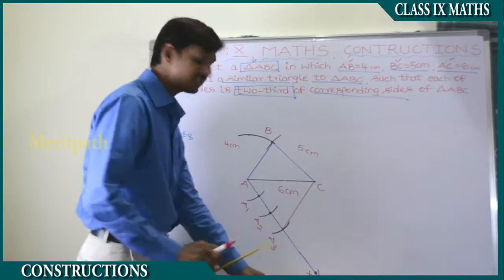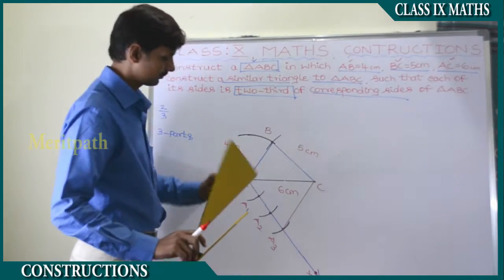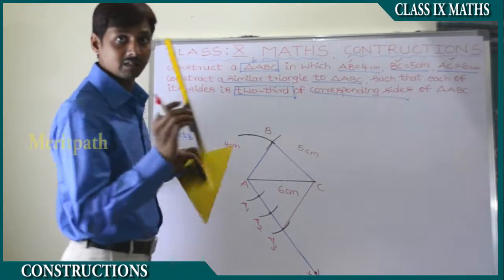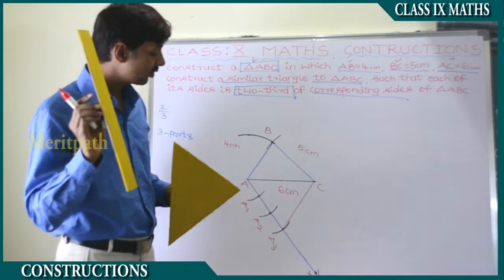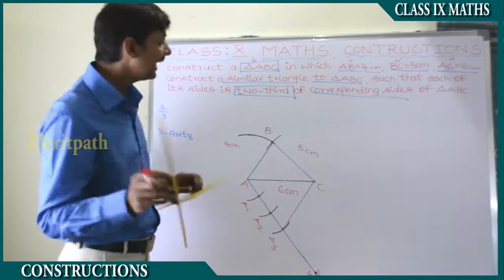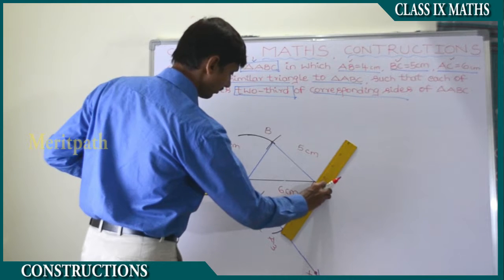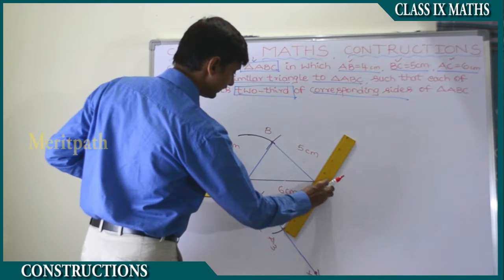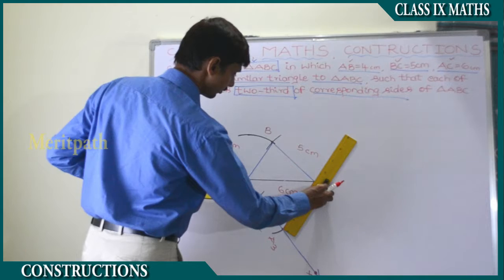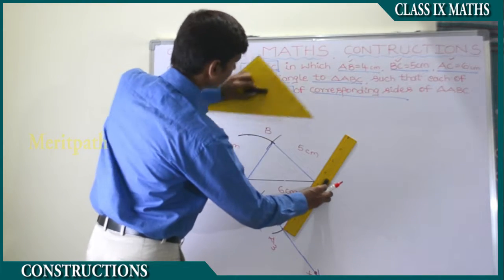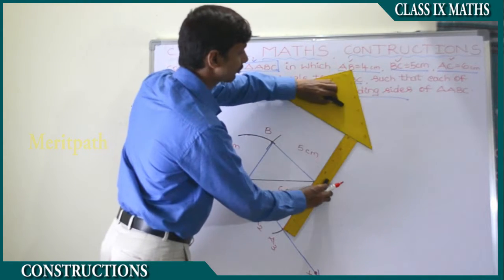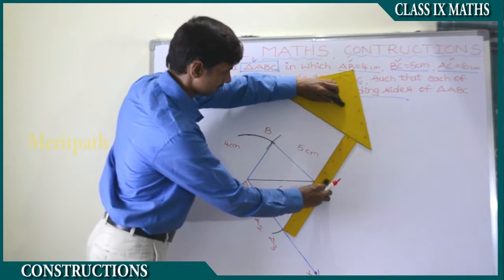let's take the set square and the ruler. Place the ruler on the side A3C. A3C is nothing but here. We have placed A3C. After that, let's take the set square on the base of the ruler.